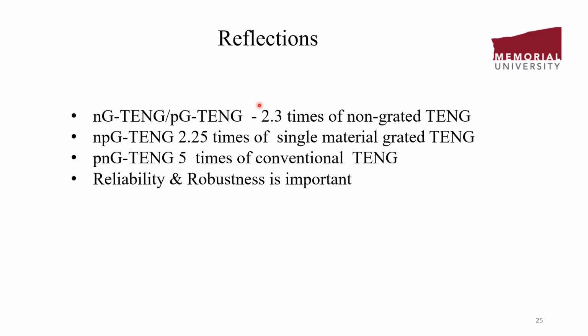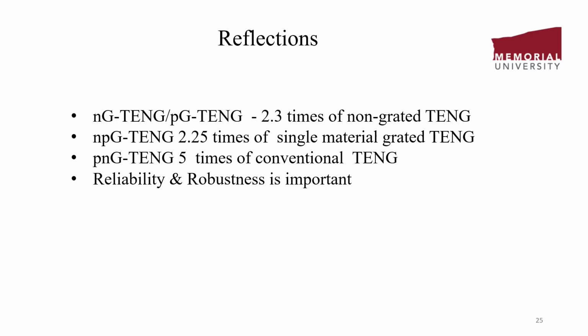And all in all, the single material grating structure gave us 2.3 times the voltage of the ungrated one, and the positive and negative complementary two material trench gave 5 times that of the conventional one. So there's a huge increase, and this can be understood with the operational theory as well as the movement efficiency when the sliding takes place with the grating structure.